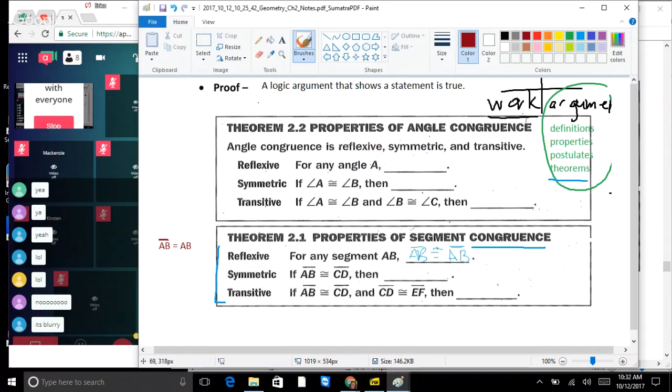So it should actually say line AB is congruent to line AB for our reflexive property. Reflexive means the same thing across all the different properties and theorems, but it's just a little bit different for how we would do that. Is it less blurry now?